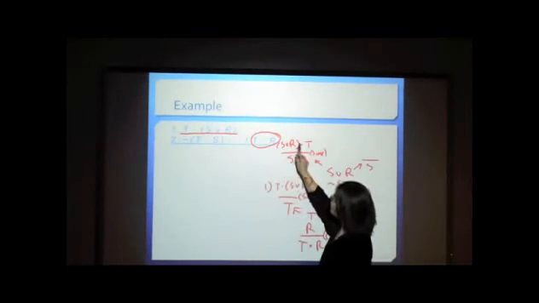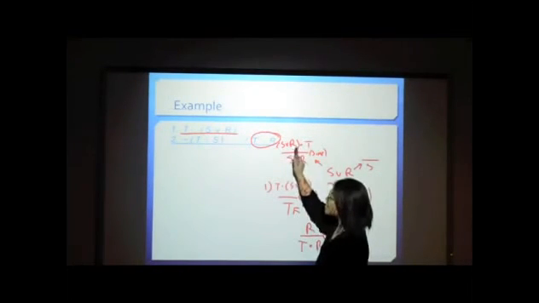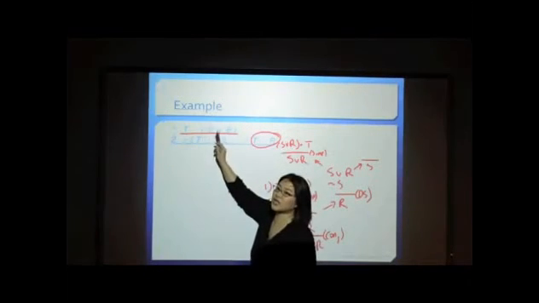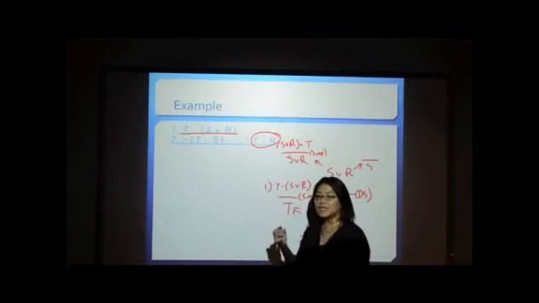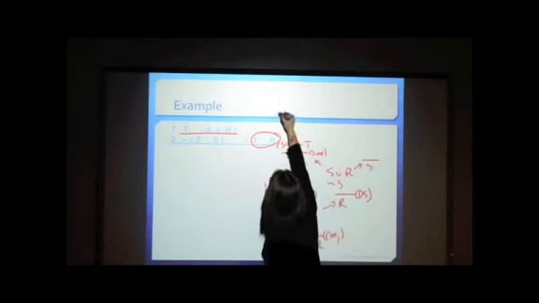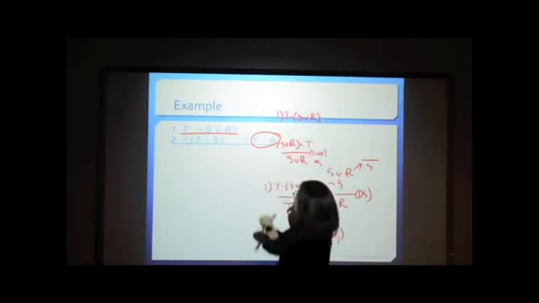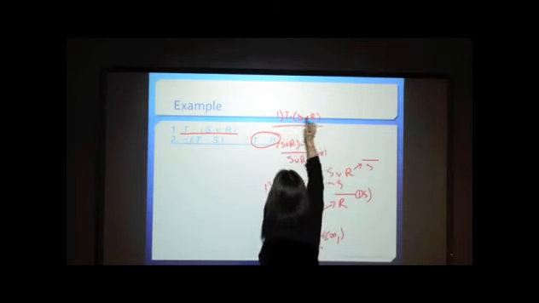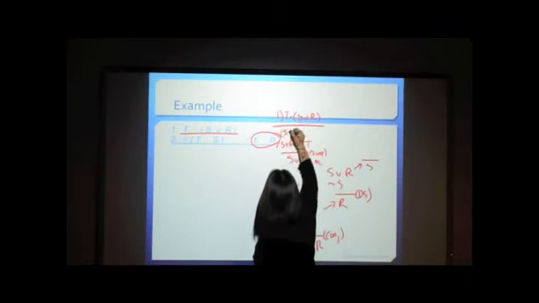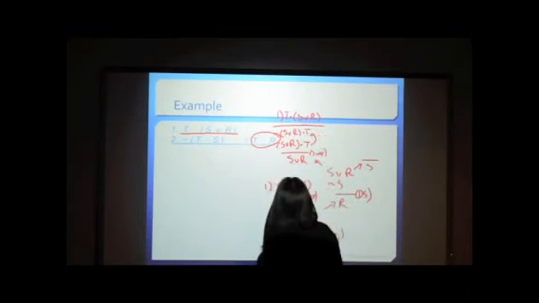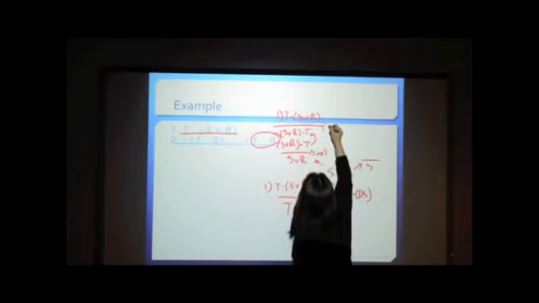However, I do have this statement here, T dot S wedge R, and S wedge R dot T can actually replace this statement by using the replacement rule of commutation. So I can go from statement 1, T dot S wedge R, to the statement S wedge R dot T, using the rule of commutation.